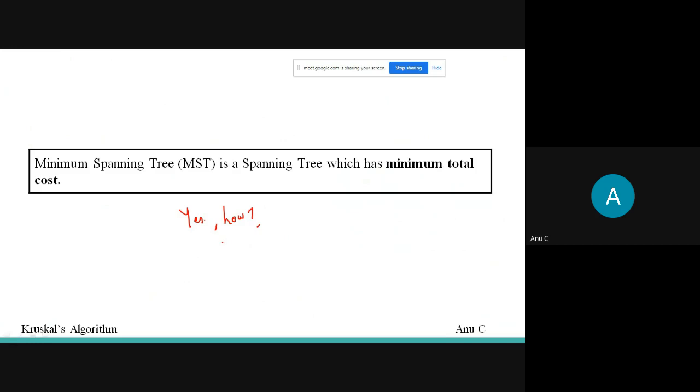But trying all the possible spanning trees is too lengthy a process. And is there any algorithm for finding minimum spanning tree? Yes, those algorithms are Kruskal's and Prim's.